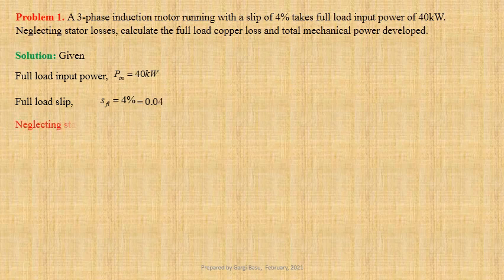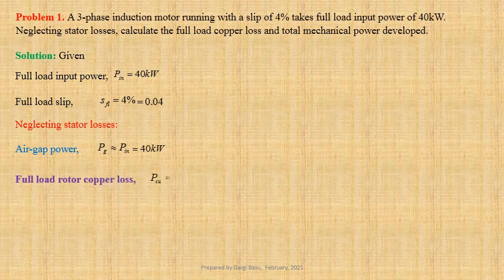When we neglect stator losses, air gap power Pg is approximately equal to P in, that is equal to 40 kilowatt. Full load copper loss P copper equals S_FL times Pg, that is equal to 0.04 into 40, that gives us 1.6 kilowatt.